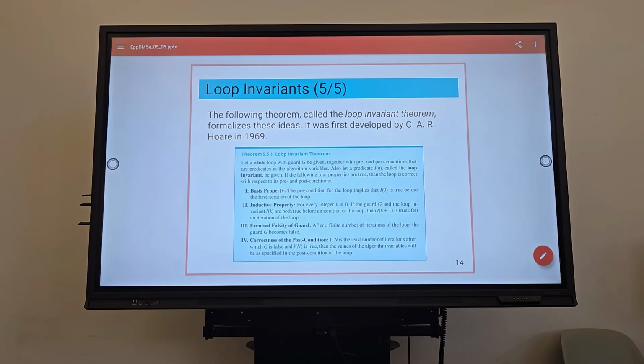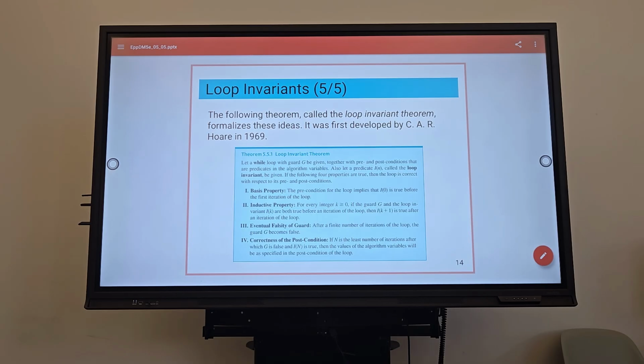Let a while loop with guard G be given, together with pre- and postconditions that are predicates in the algorithm variables. Also let a predicate I of n, called the loop invariant, be given. If the following four properties are true, then the loop is correct with respect to its pre- and postconditions. Basis property.